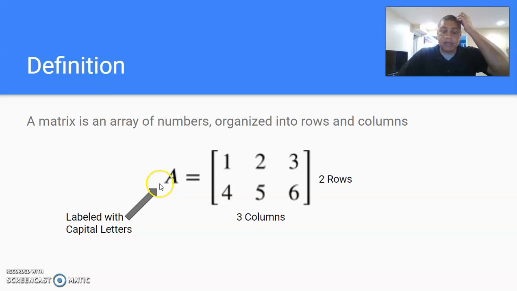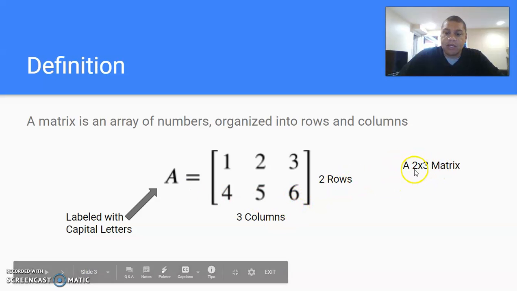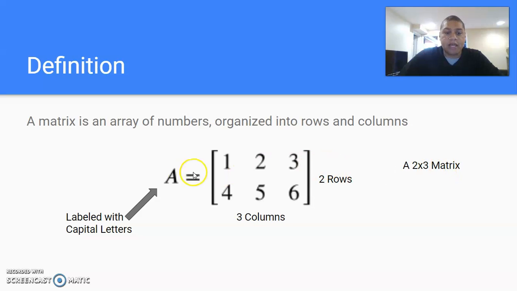That's just one of the little norms that we follow. We would call this a 2 by 3 matrix. So we would say that matrix A is a matrix with 2 rows and 3 columns.